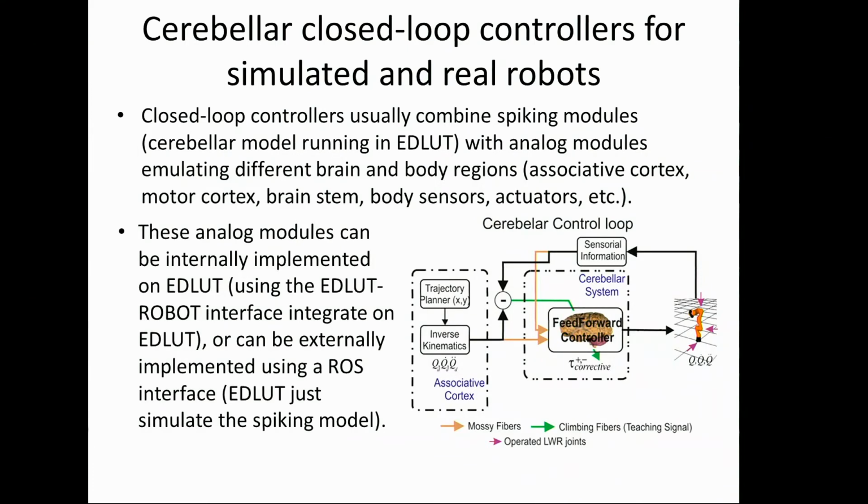These analog modules can be internally implemented in EDLUT using the EDLUT robot interface, or can be externally implemented in a ROS interface, and in this case, EDLUT just simulates the neural network, the cerebellum.